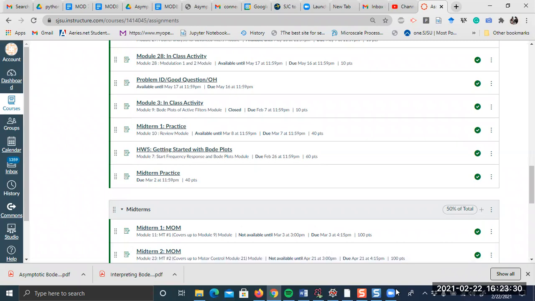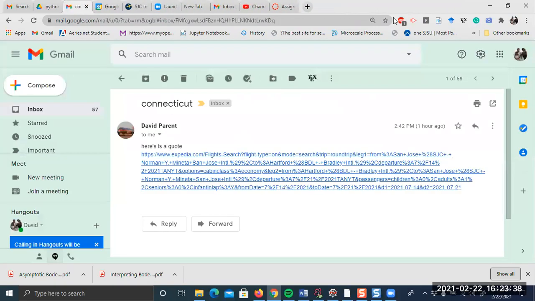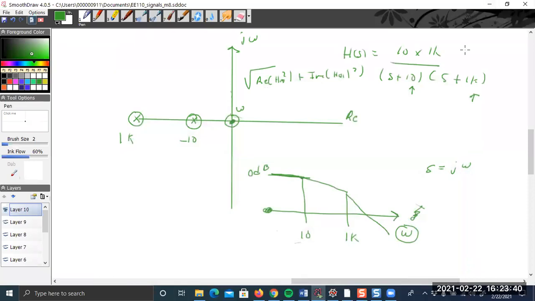Professor, yes, so the roots are where the frequency changes, that's the whole concept? Roots or poles, actually. Okay.